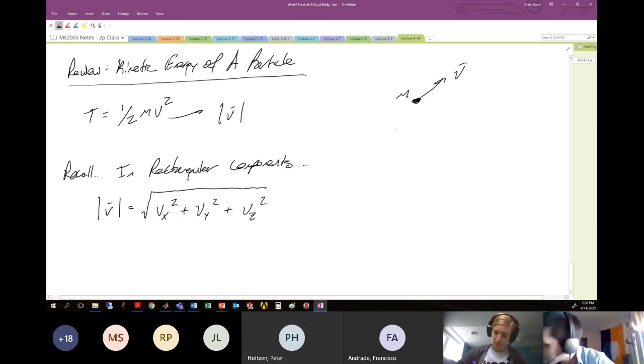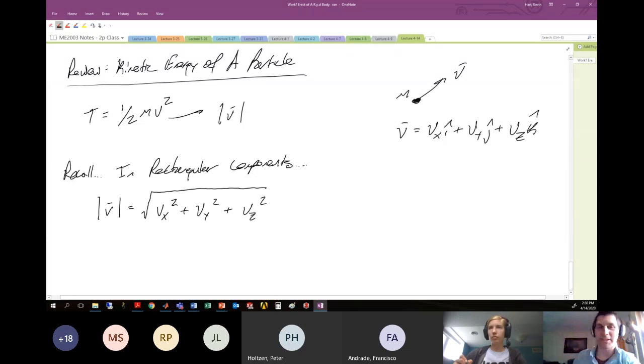Or if we say that the velocity has Vx i plus Vy j plus Vz k, okay, so this is writing our velocity in rectangular components, something you're very familiar with or should be at this point.